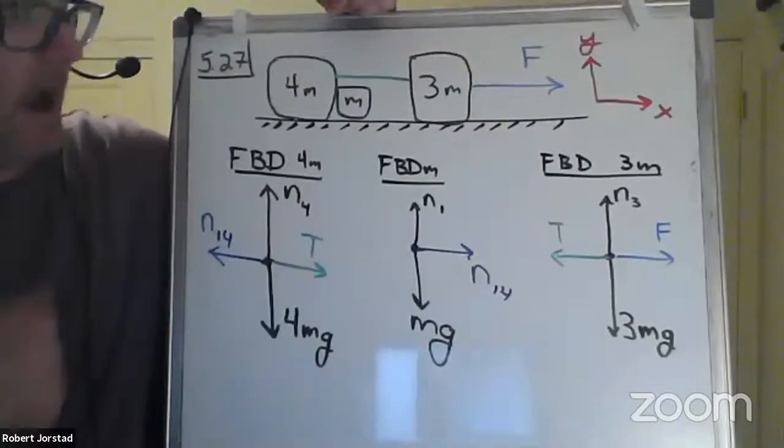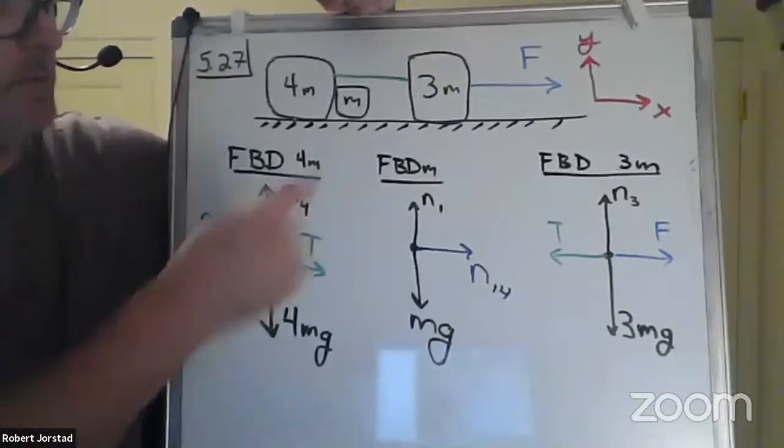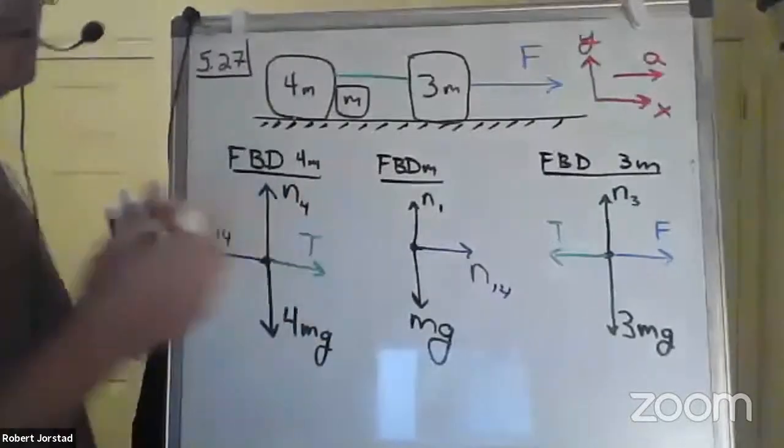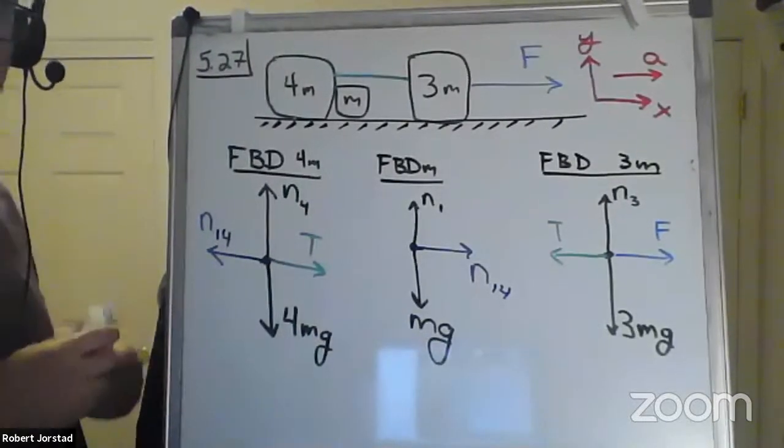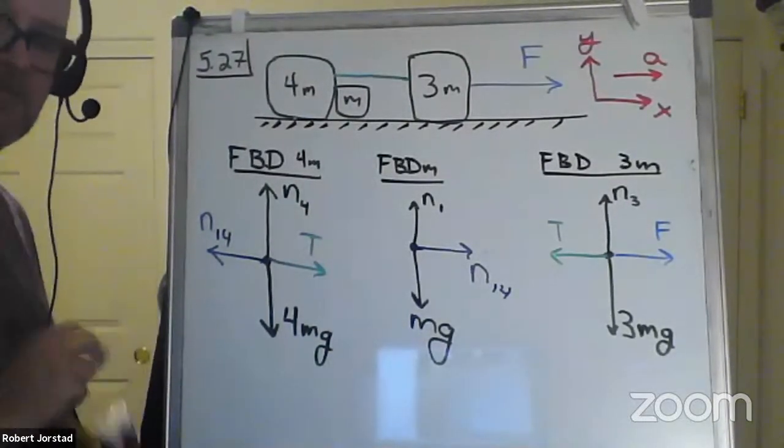It says it's initially at rest. Mm-hmm. So therefore it has to be accelerating if it's moving. Okay. How else could you know that? If you pull on this, we expect it's going to go that way, but how do we know that acceleration, how do we know it won't be at constant speed?